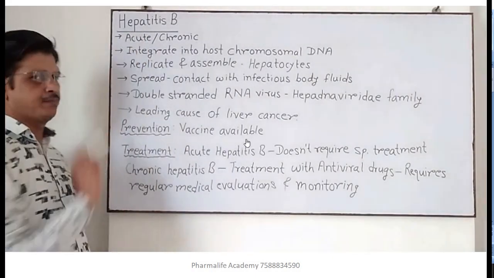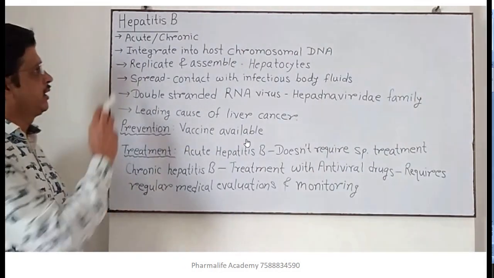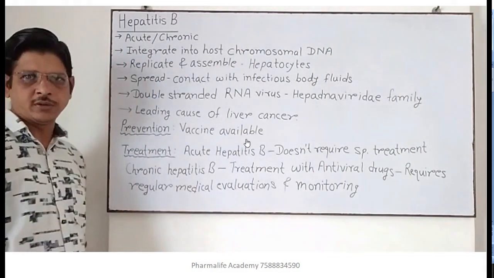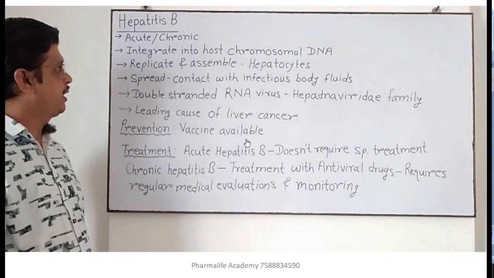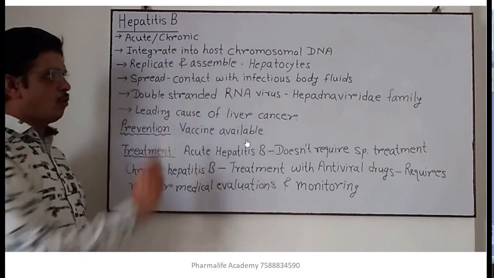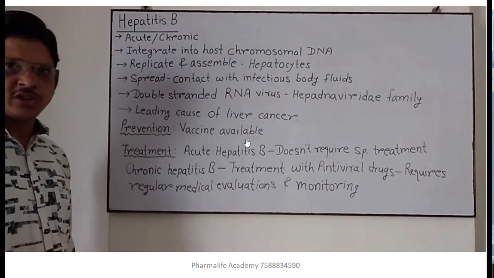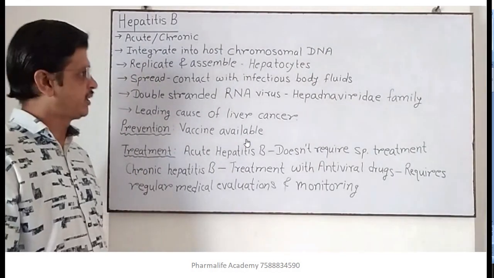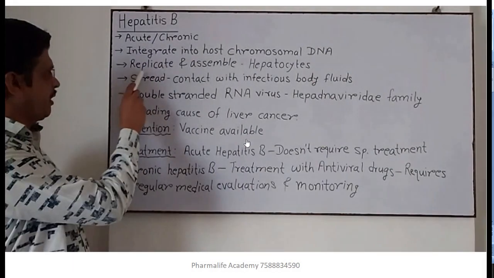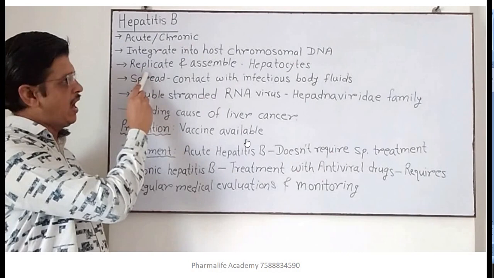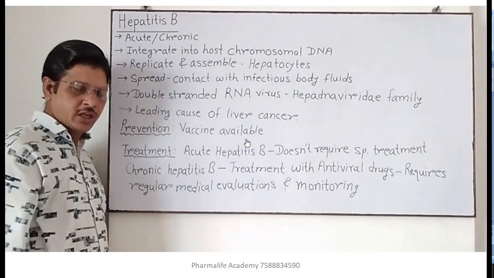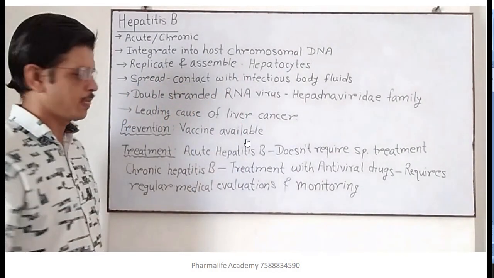Hepatitis B. Hepatitis B can be acute or chronic. Hepatitis B virus integrates into host chromosomal DNA to establish permanent infection. Hepatitis B virus replicates in the host and assembles exclusively in hepatocytes.